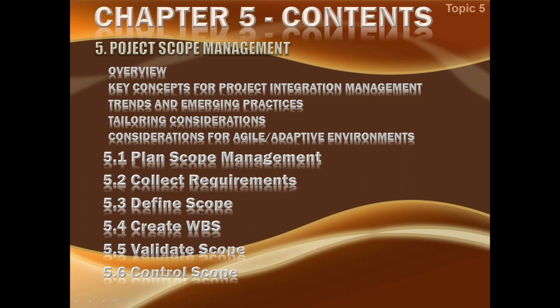And if you remember, after execution, when the deliverable comes out of Direct and Manage Project Work and enters Monitor and Control, there are only two processes which deal with the deliverable. The first inspection is Quality Control, which verifies the deliverable for its correctness.